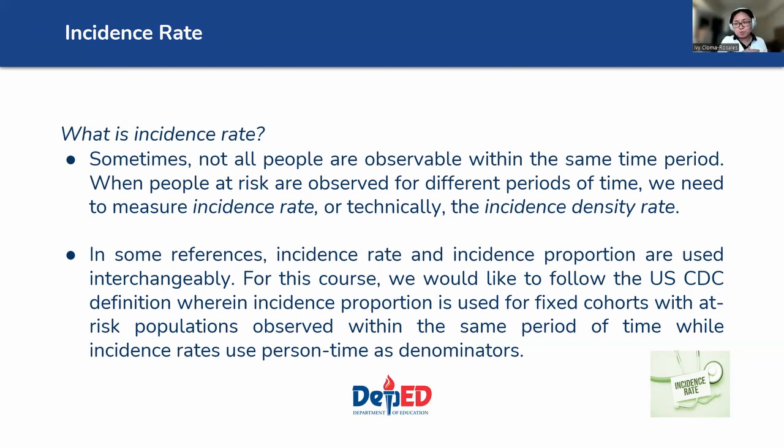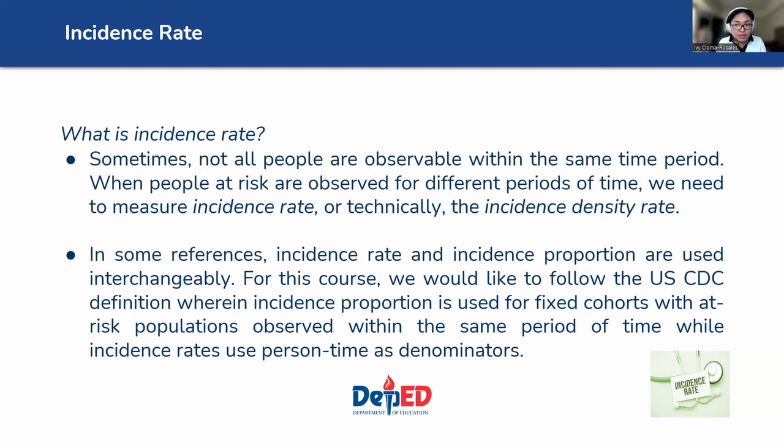Now, I want to point out something. In some references, incidence rate and incidence proportion are used interchangeably. But for this course, let's follow the USCDC definition, where incidence proportion is used for fixed cohorts, meaning groups of people who are observed at the same period of time.